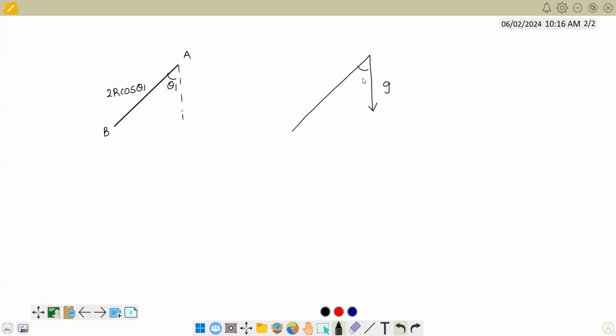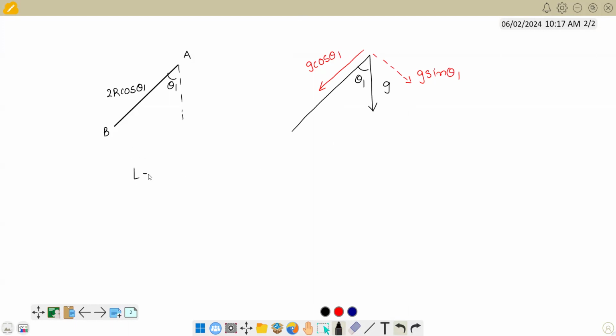If this is theta 1, we have to resolve this g into two components. We need to find acceleration. This is actually a Newton's laws of motion problem. So we resolve g along the incline and perpendicular to the incline. Along the incline, g cos theta 1, and perpendicular to the incline, g sin theta 1. We will later know in NLM that g sin theta 1 would be balanced by the normal reaction. So there is no importance for this. g cos theta 1 is important.